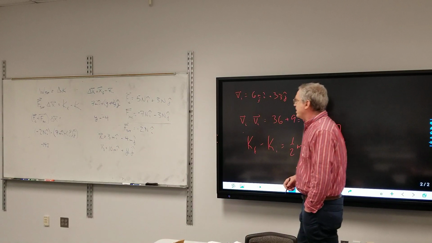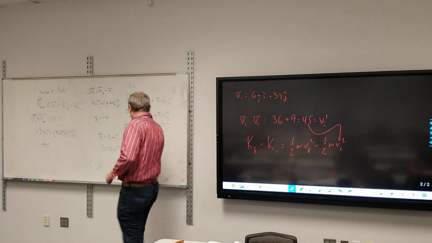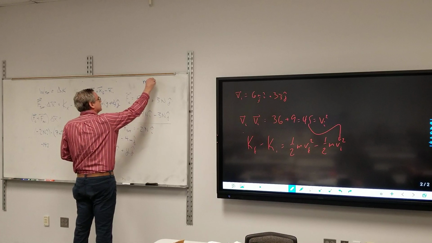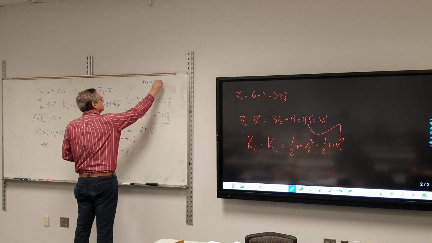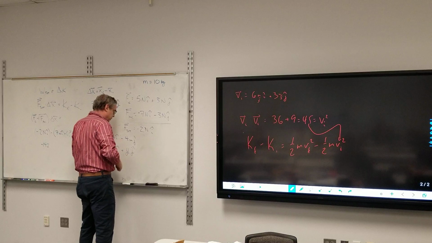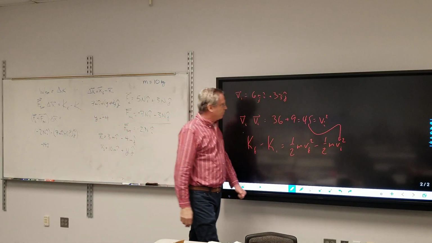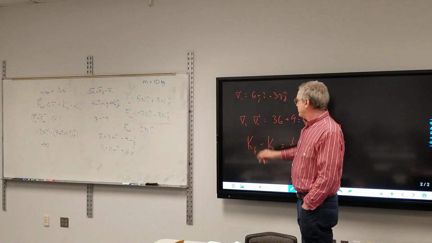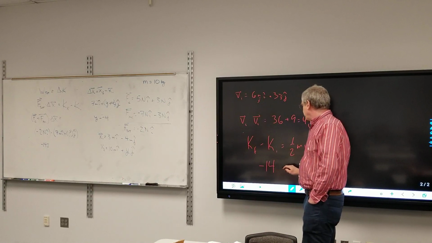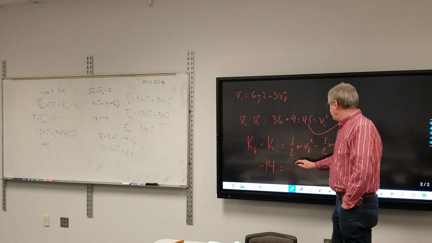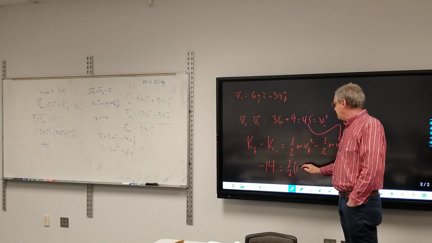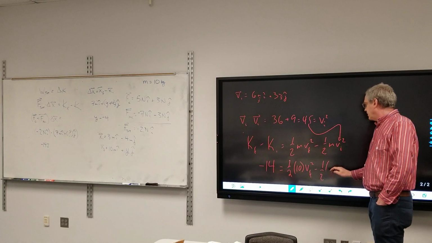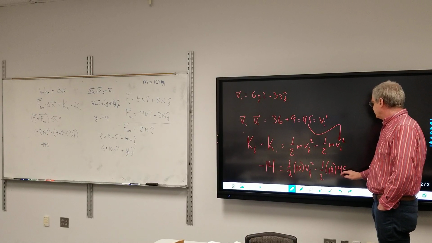I guess I never gave you maths here. Let's make it a nice number. So the total work done is negative 14 joules, and that is equal to 1/2 times 10 times VF squared minus 1/2 times 10 times 45.